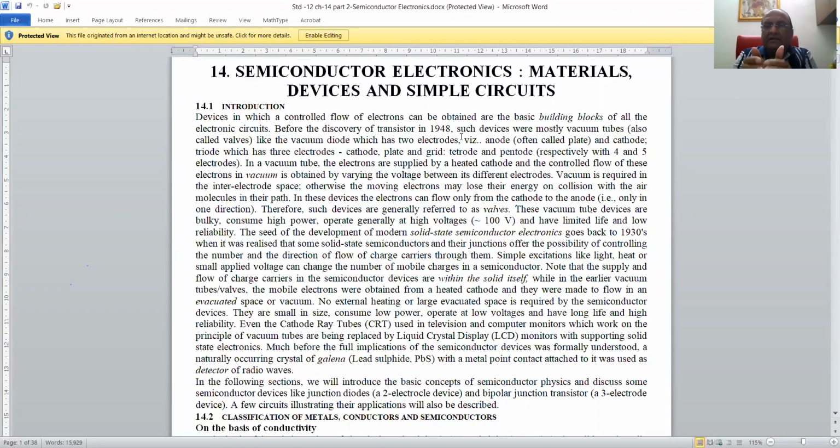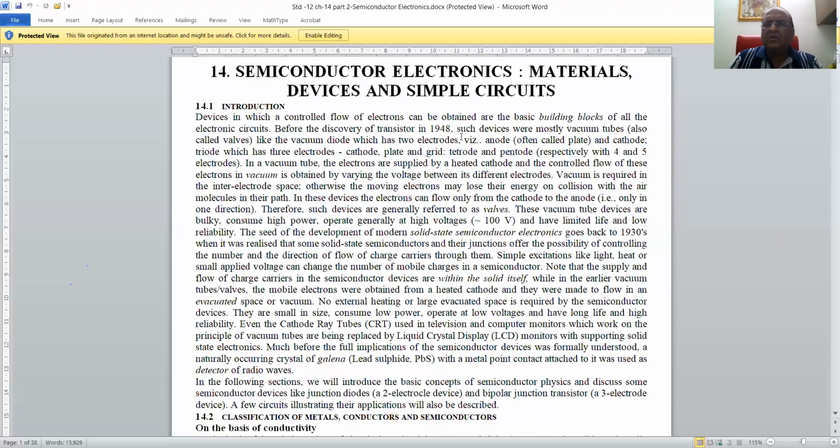And this entire system was kept in an evacuated glass tube, so that the flow of electrons is not obstructed by any other constituent particles of air or the like.